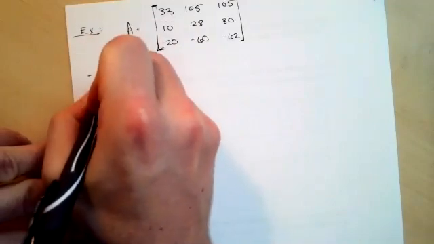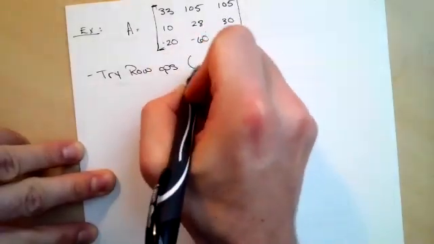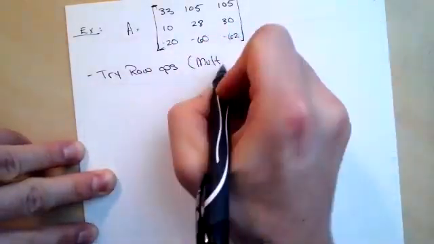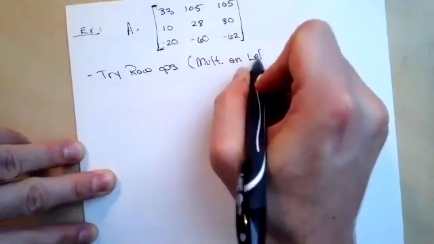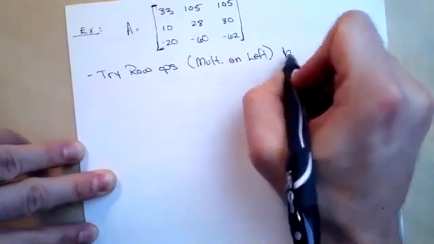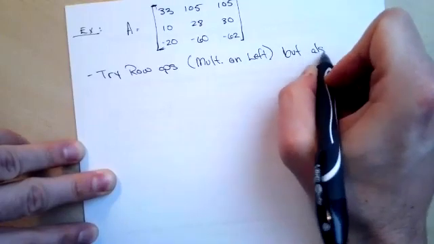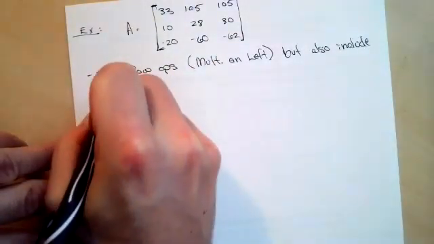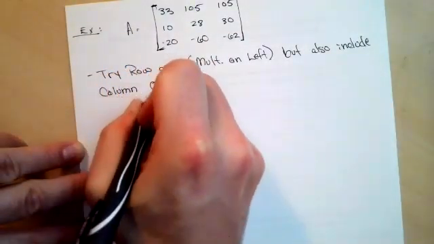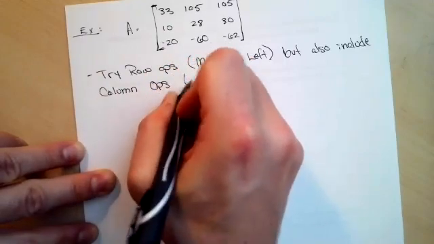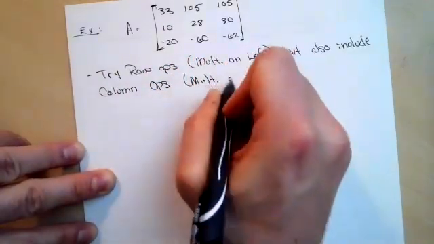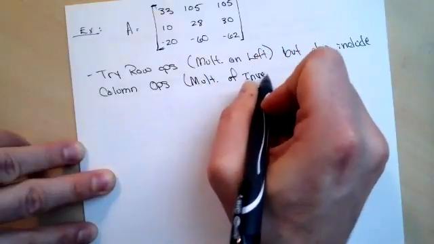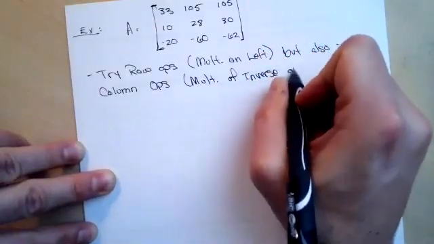We want to try row ops, multiplication on the left, but also include our column ops. And that's going to be multiplication of the inverse on the right.